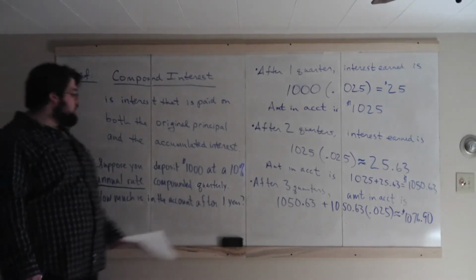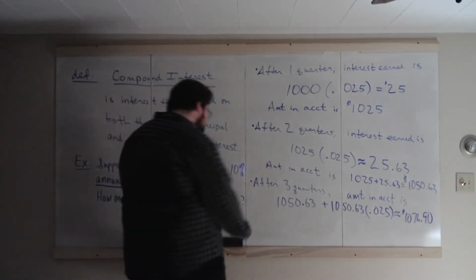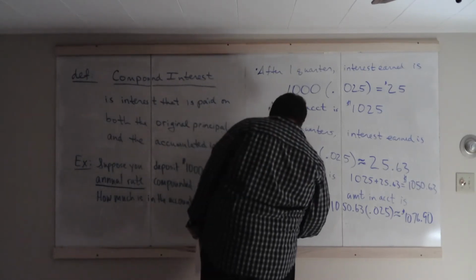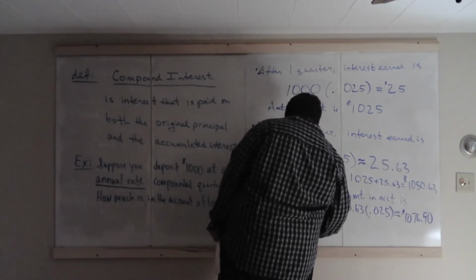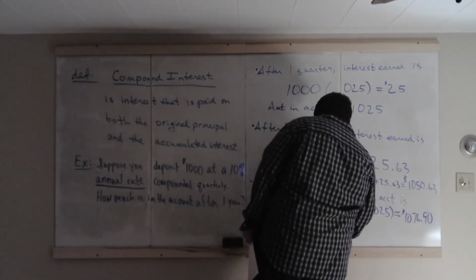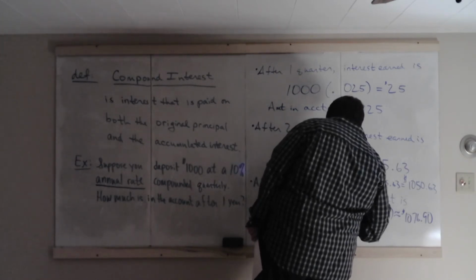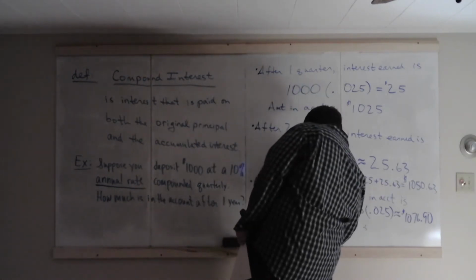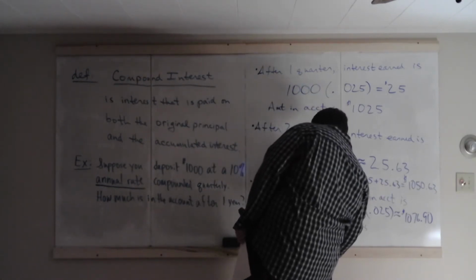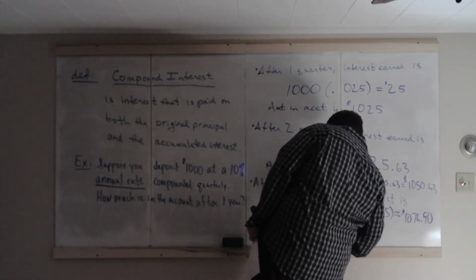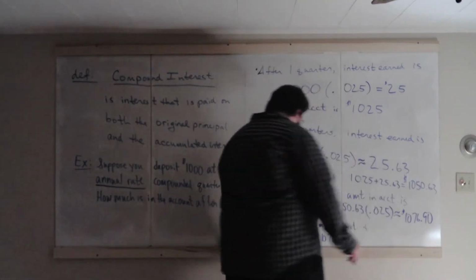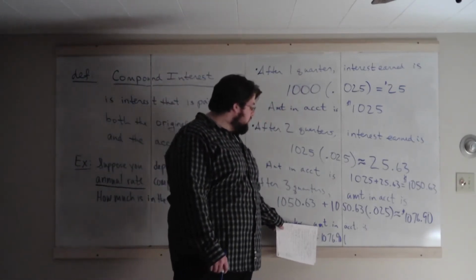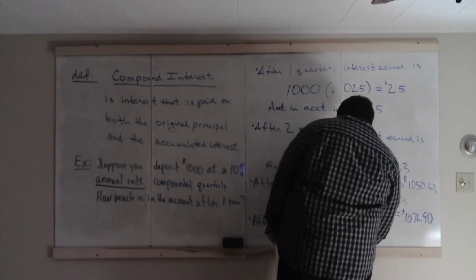We want what happens after 4 quarters, which is 1 year. After 4 quarters, the amount in the account is what? Well, it's the amount at the beginning, 1,076.90, plus the interest earned. So at the beginning you have 1,076.90, and then you earn interest at a 2.5% rate per quarter.